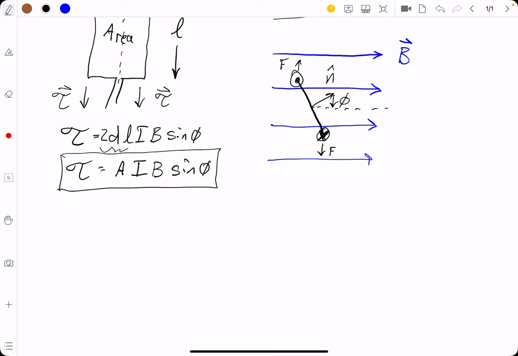You can look at it as going clockwise, and then you can say, okay, I want clockwise positive and counterclockwise negative. You can do that.